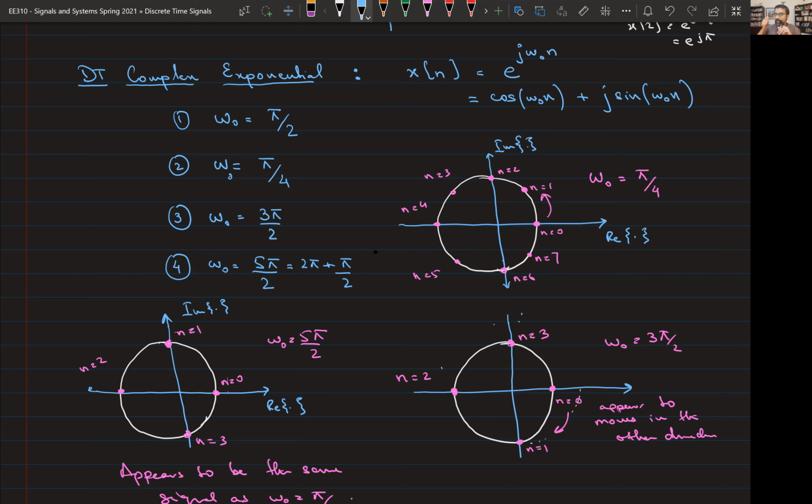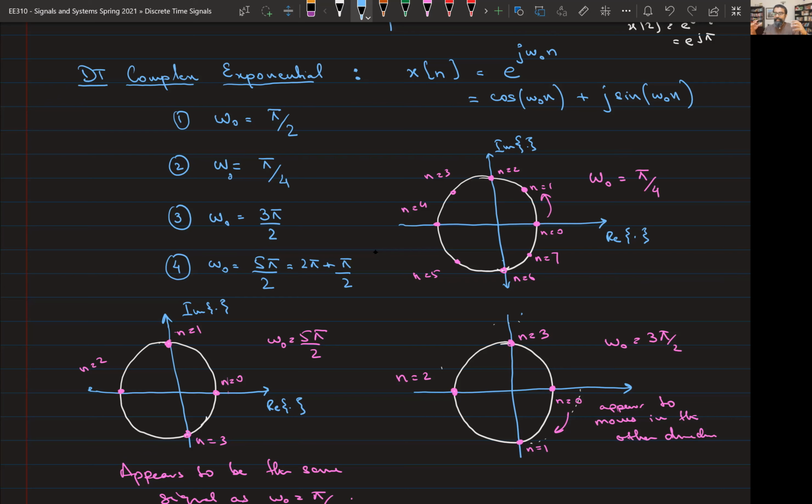But that's not true in discrete time. I've given you a counterexample where the frequency was pi by 2 and the frequency was 3 pi by 2. In both cases, the rate of oscillation was exactly the same, because you completed the revolution in exactly 4 samples, albeit in other directions. So this runs counter to what you just mentioned in the chat box.